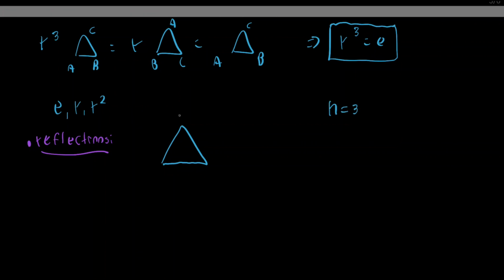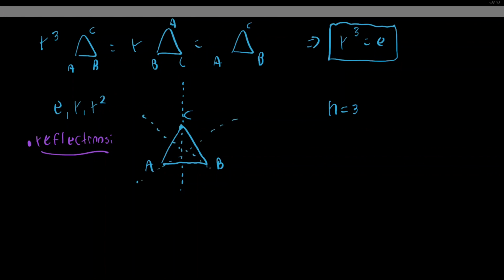So what we have is that this is our triangle. The axis around which we can perform a reflection will pass through the vertex we keep fixed and the middle point of the opposite edge, like this. So we have 3 such axes.